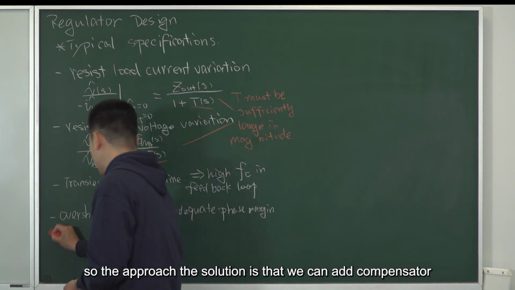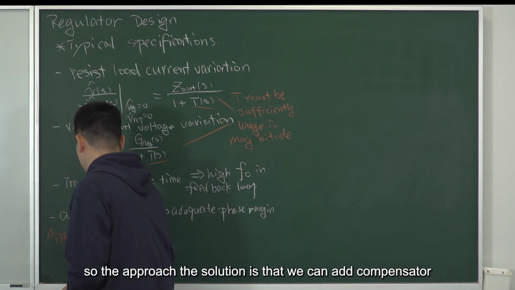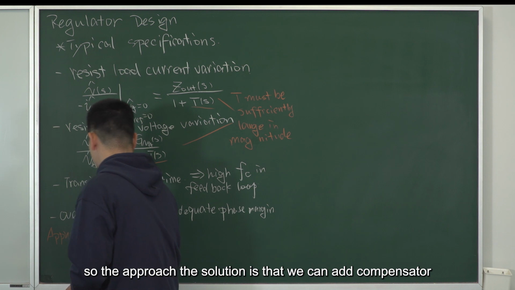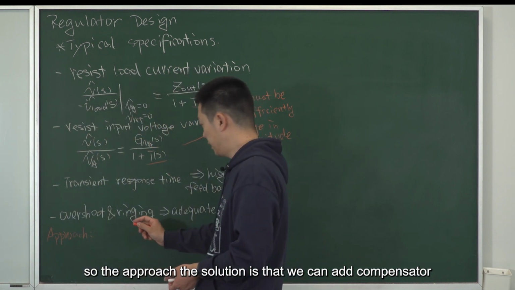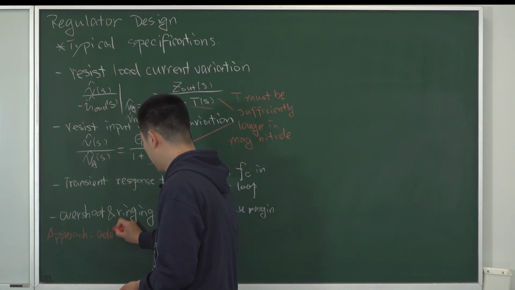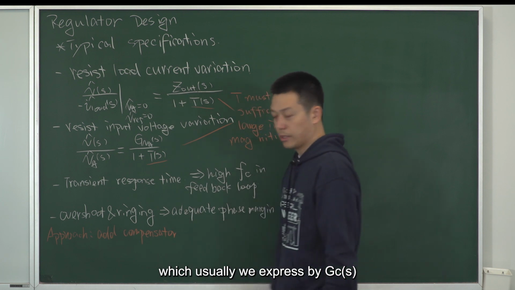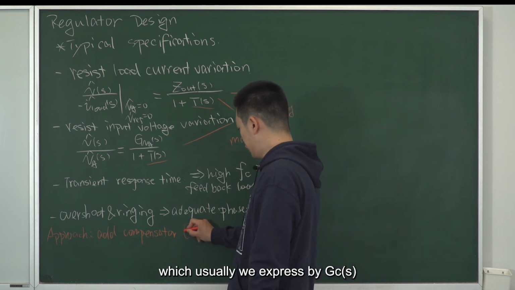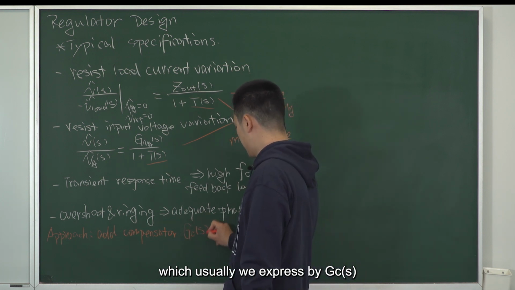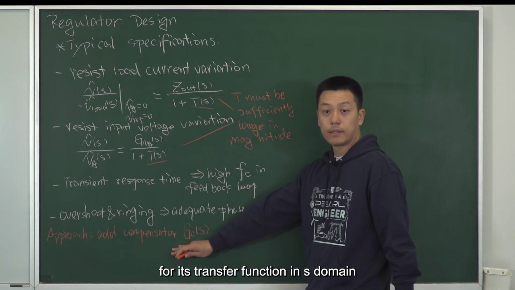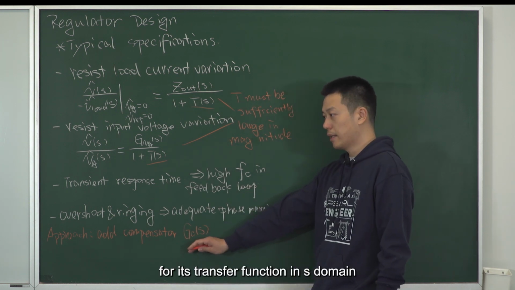So the approach or the solution is that we can add a compensator, which we usually express by G_c(s) for its transfer function in the s domain, right?